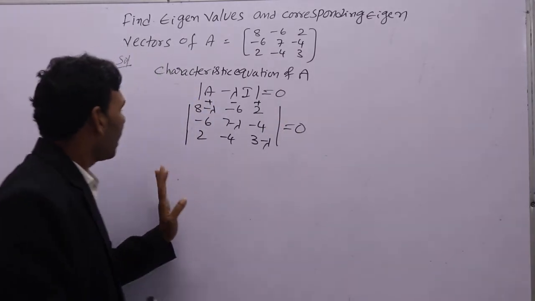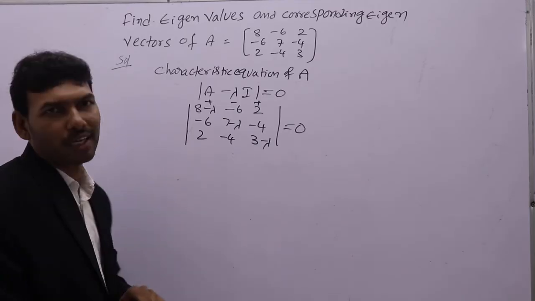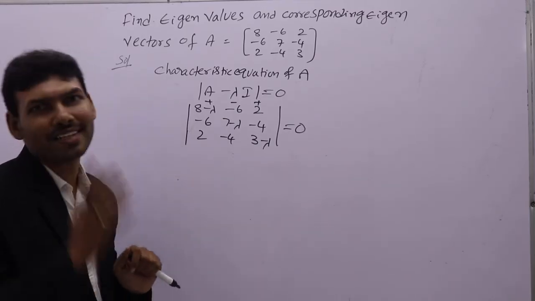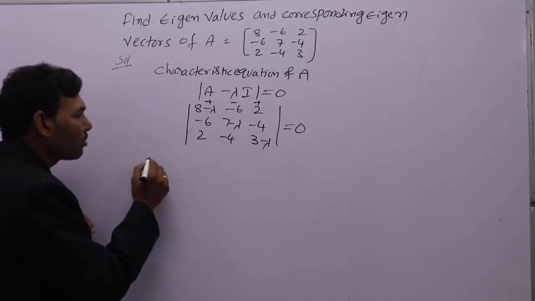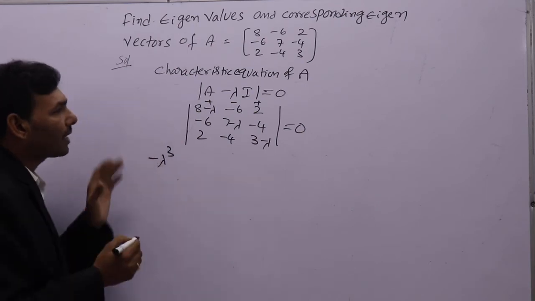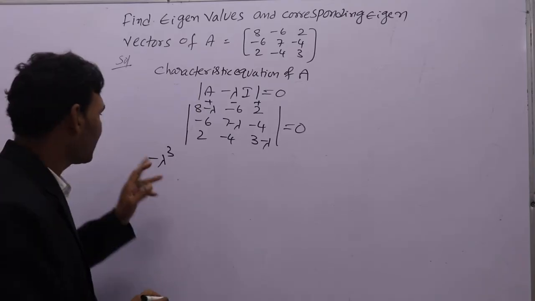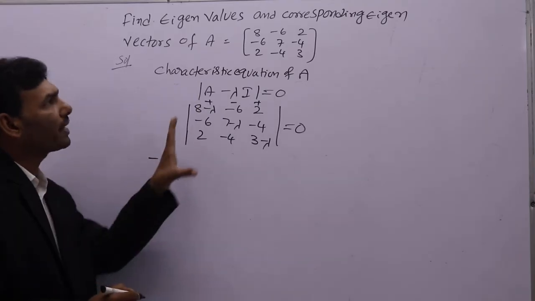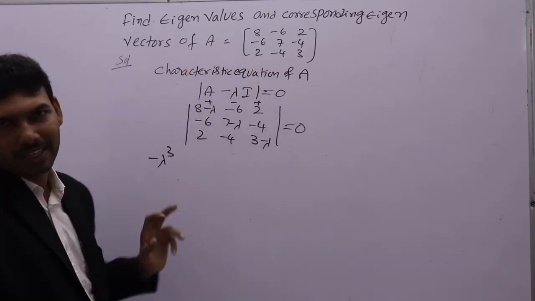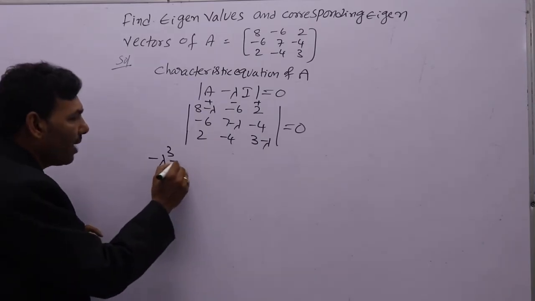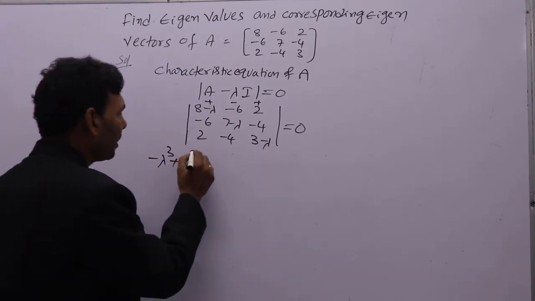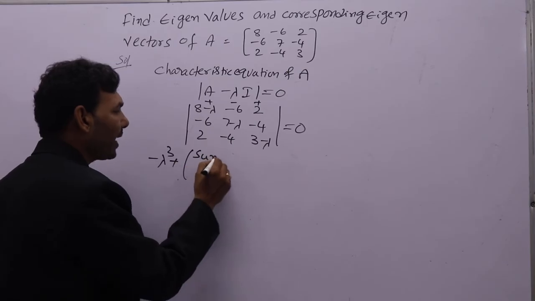That's why I am giving a simple shortcut to find the correct characteristic equation easily and accurately. You will get minus lambda cube for every characteristic equation of a 3 by 3 matrix, and the lambda square coefficient is the sum of the diagonal elements.